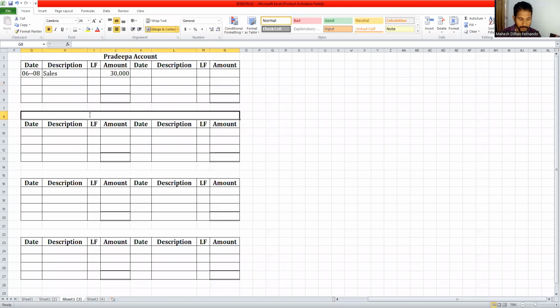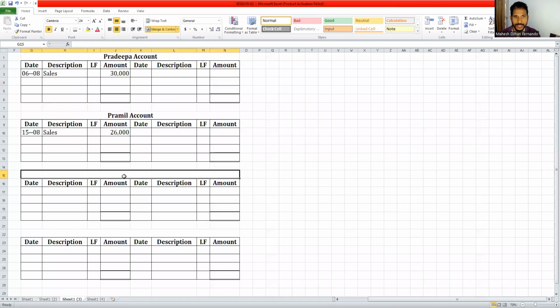The next account is Pramil account, right? On 15th August, we have done a credit sale to Pramil. The amount is 26,000. Then the next account is Nirmani Traders, right?